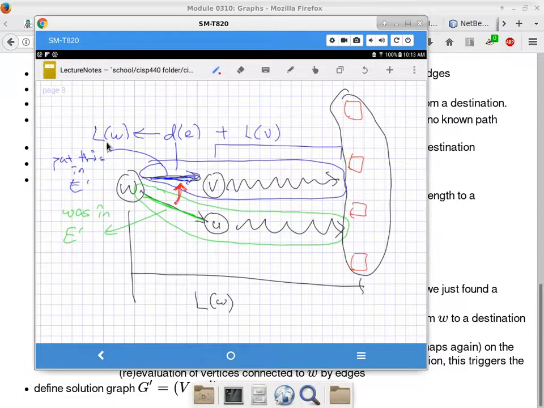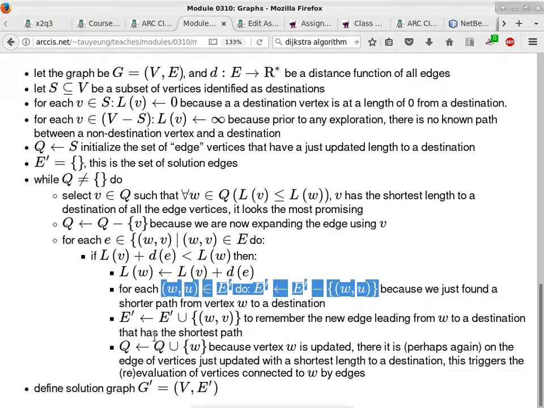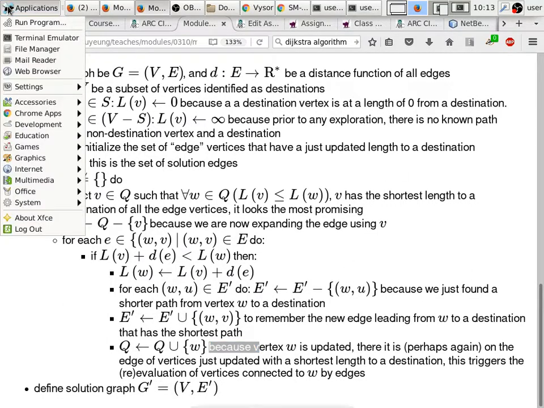So that's what the next loop is for when we go back to the algorithm. So this is why we also have to perform this operation here. So I'm just going to highlight the sentence next to it. Okay, let me bring this up a little bit. Okay, resize.